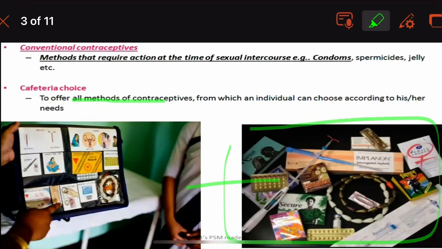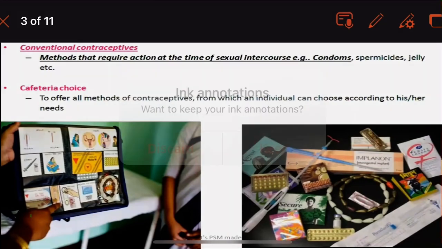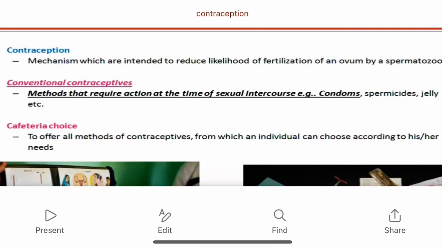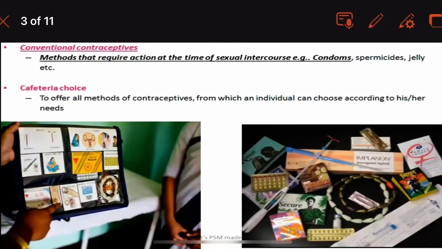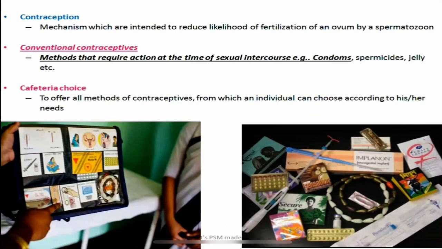It offers all the methods from which an individual can choose according to his or her need. All the methods are explained to the individual: their advantages, effectiveness and drawbacks, and then they make a choice.